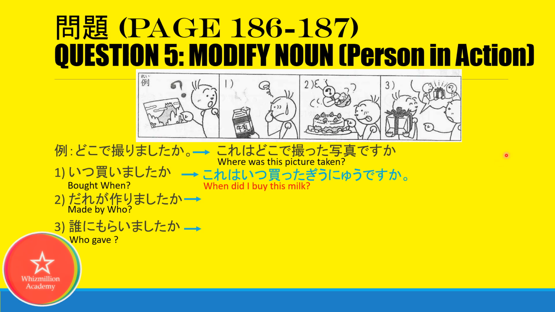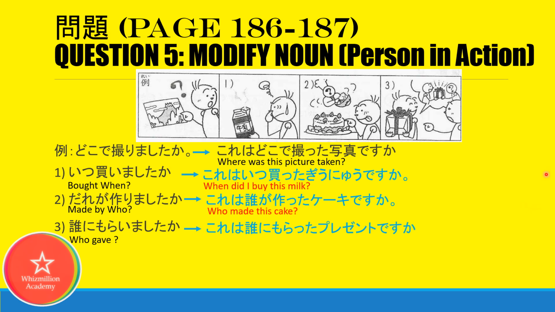Question number 2. 誰が作りましたか? これは誰が作ったケーキですか? Who made this cake? Question number 3. 誰にもらいましたか? これは誰にもらったプレゼントですか? Who gave you this as a present? Right?